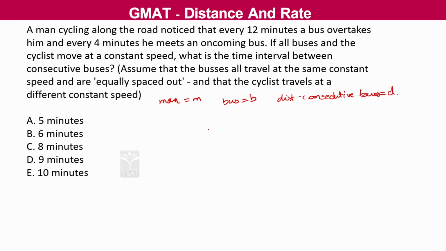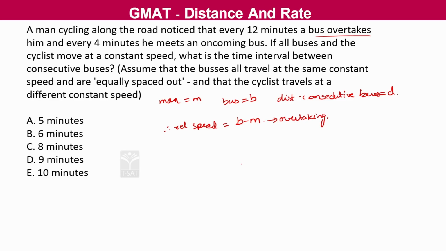When you are talking about the buses which are overtaking him, that means that the man, the cyclist, and the buses are in the same direction. Therefore, the relative speed for overtake will be the speed of the bus minus the speed of the man.